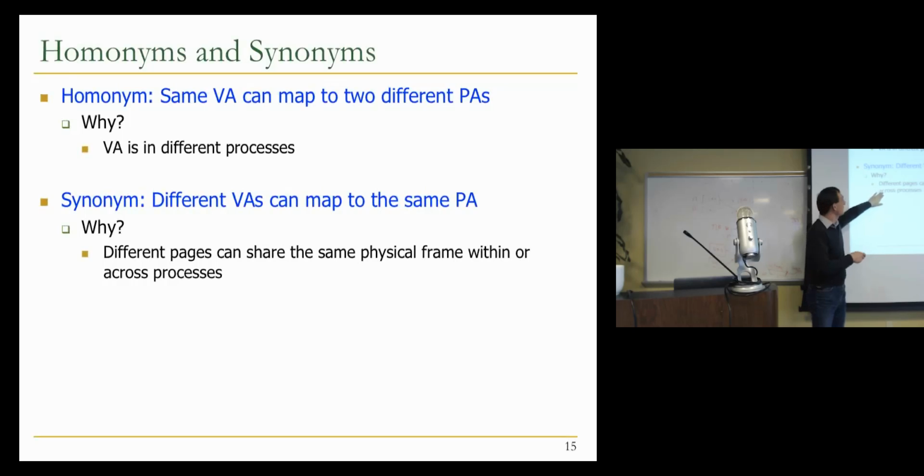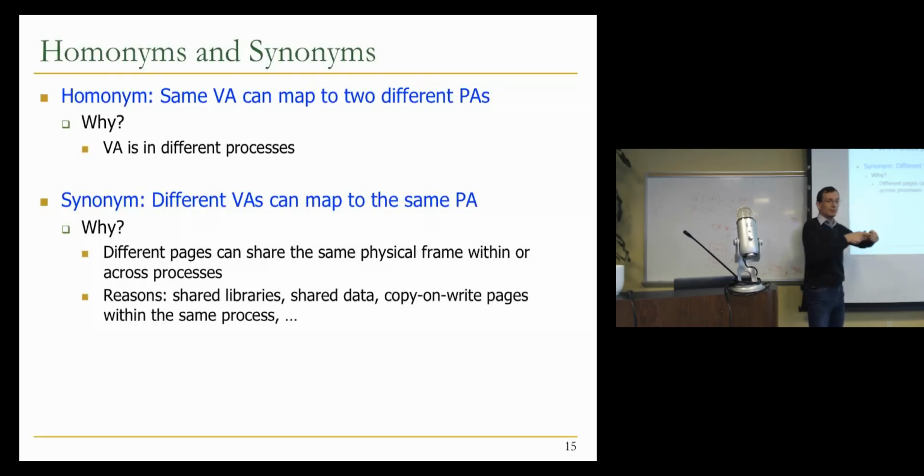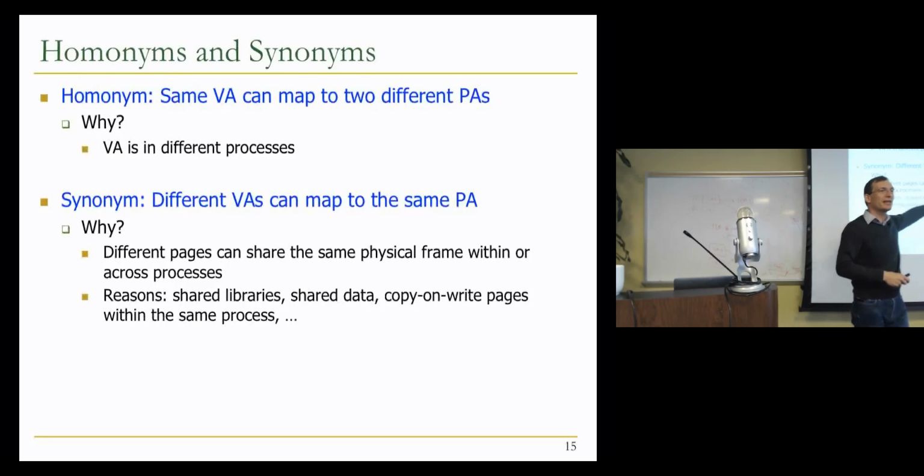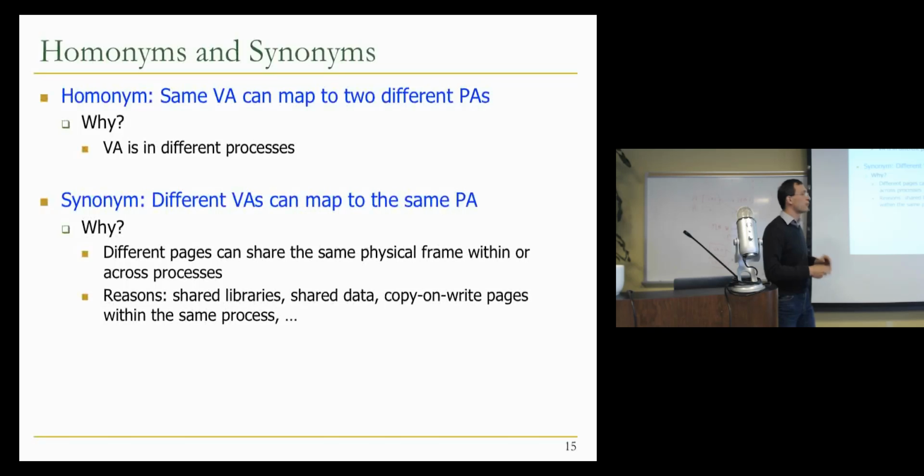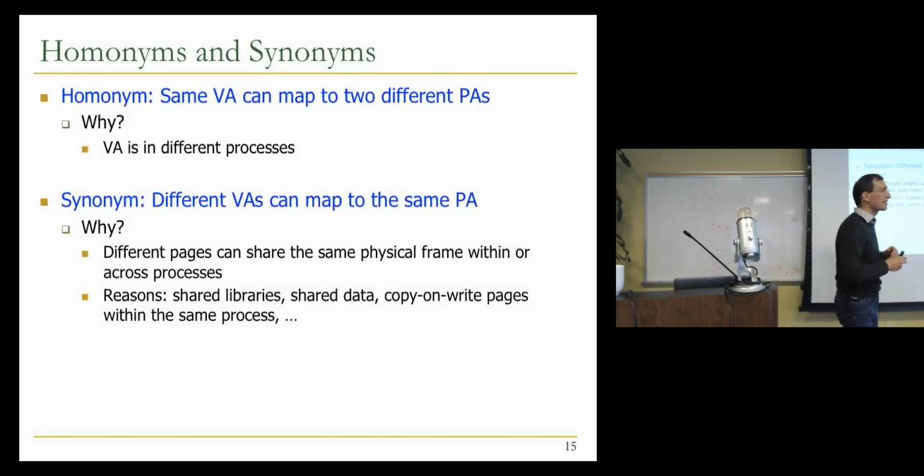First of all, different pages can share the same physical frame within or across processes. For example, you can have shared libraries, right? Across different programs. You can have shared data across different programs. You can have copy on write pages. You know about copy on write pages? Basically, for example, you fork a process, fork another thread.